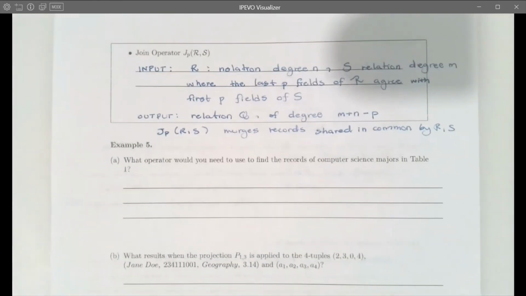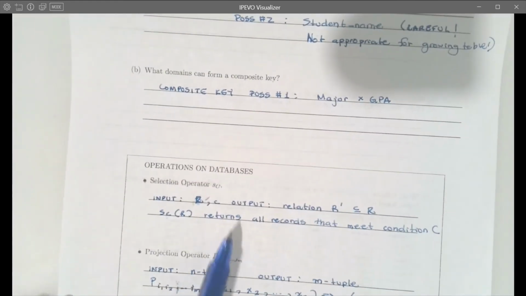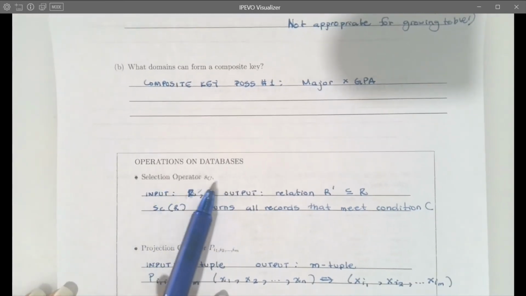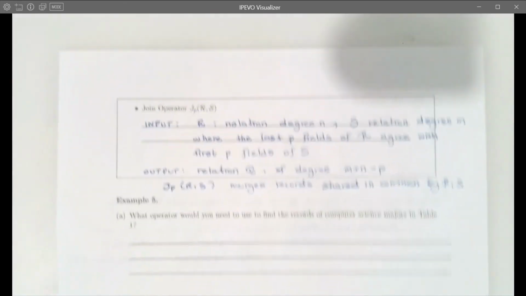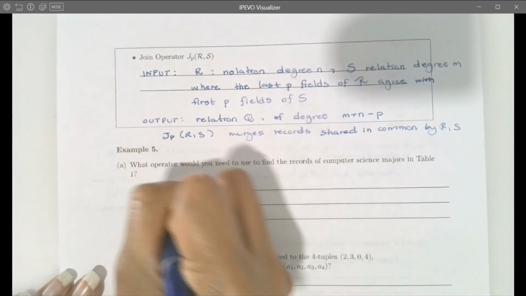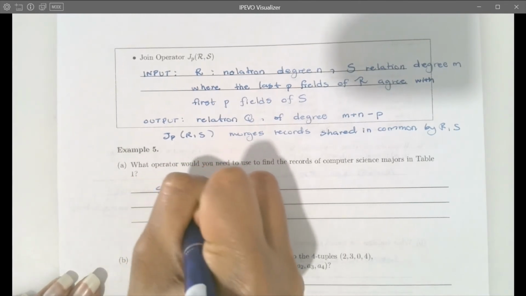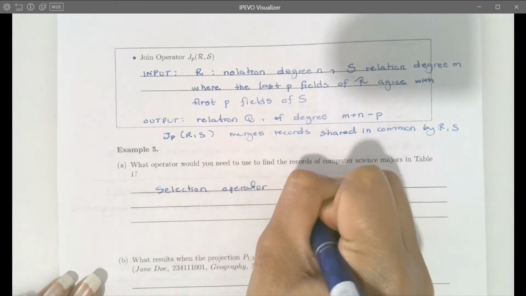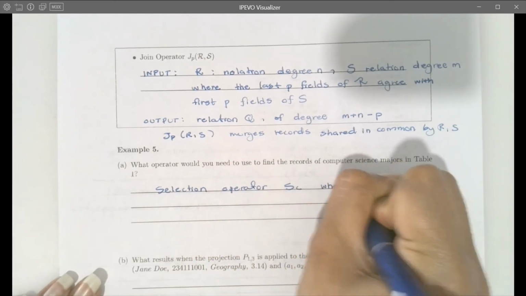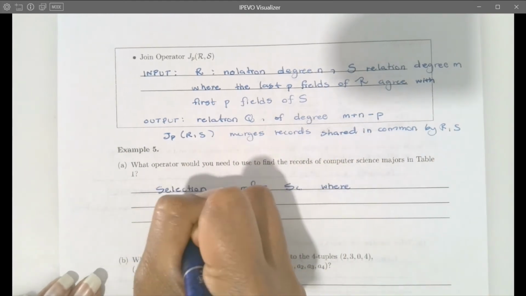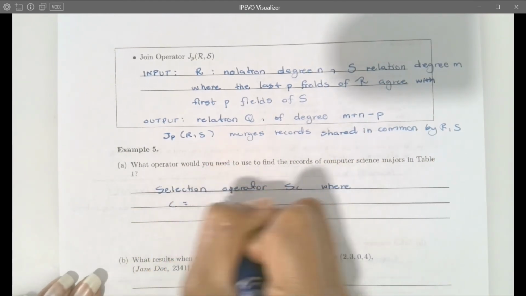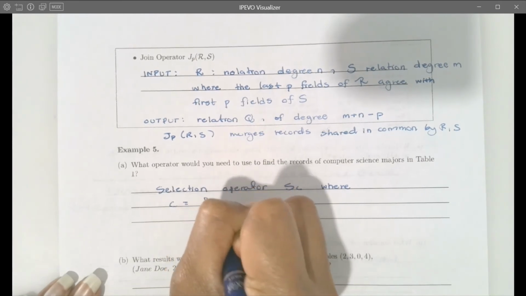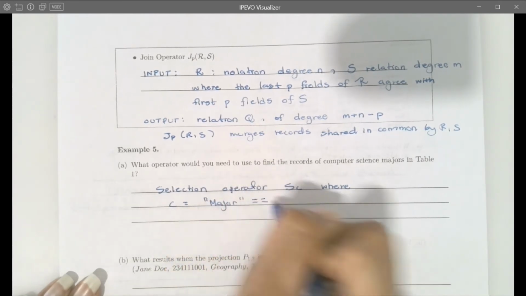It wouldn't be the join operator, and it wouldn't be the projection, it would be the selection operator, where the condition C is that major has to equal computer science.